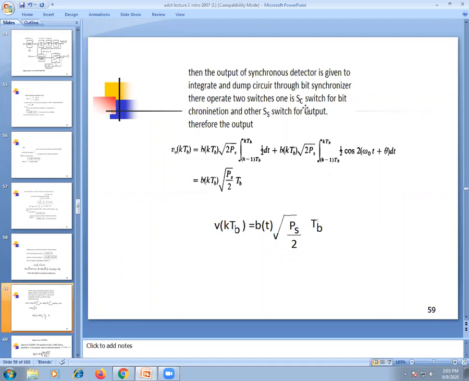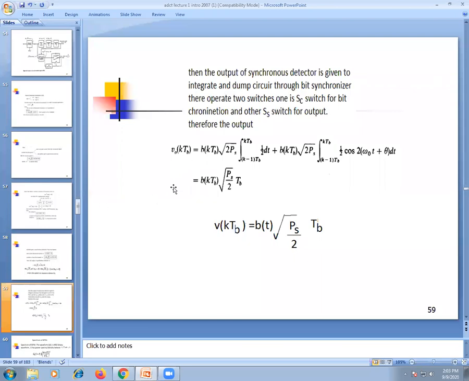There, two switches operate: one is the SC switch for bit synchronization and the other is the SS switch for output. Therefore, the output is V0(kTb), where k is the kth level in integer value, and Tb is the time duration of the bit.